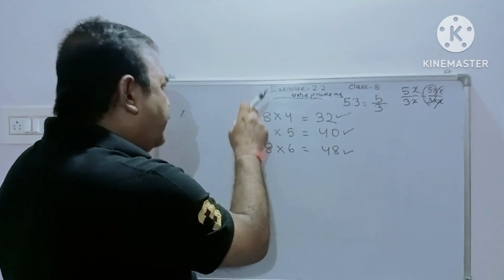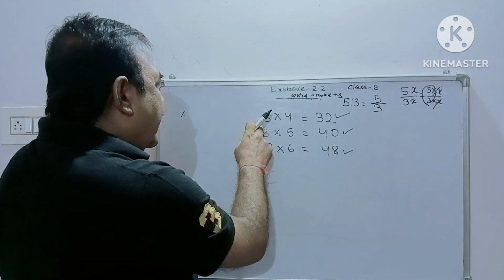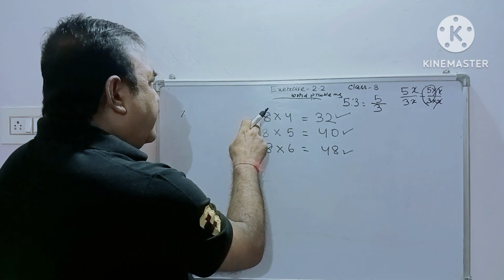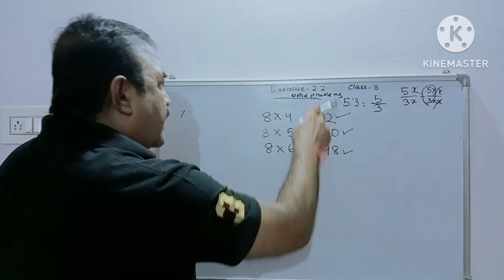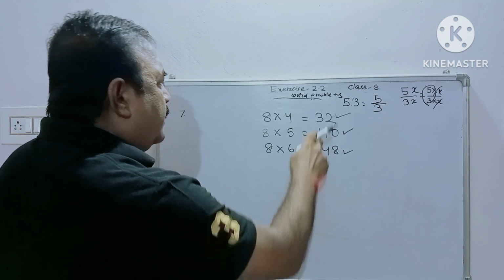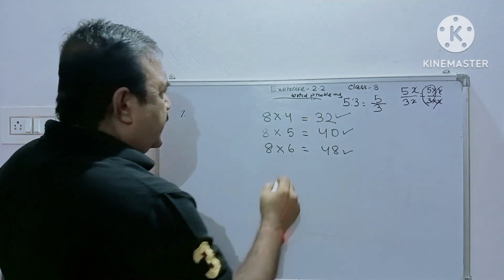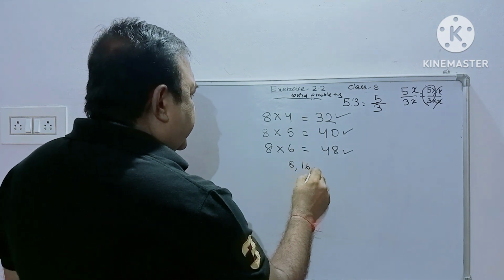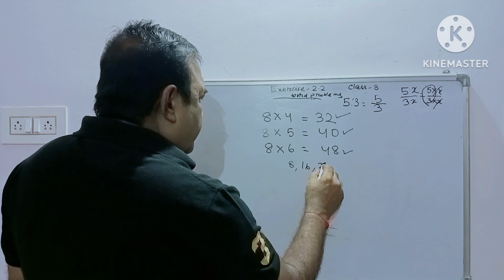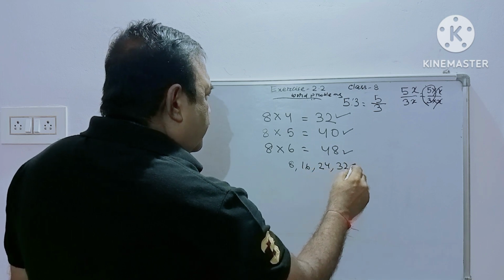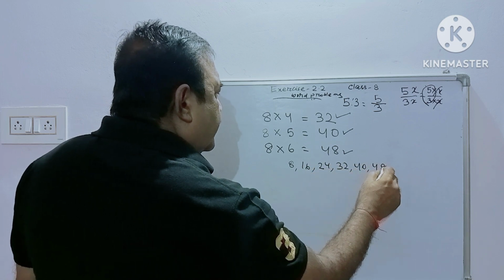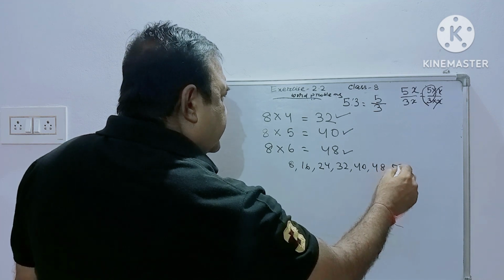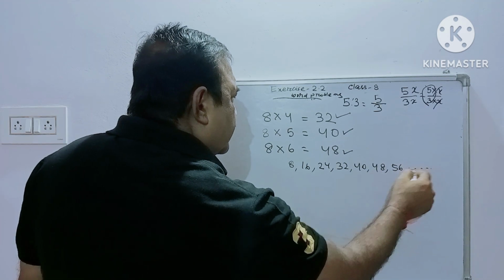Condition, if the number be 8 and multiple of 8, the consecutive multiples of 8 will be like this. Starting from 8, 16, 24, 32, 40, 48, 56, like this it will continue.